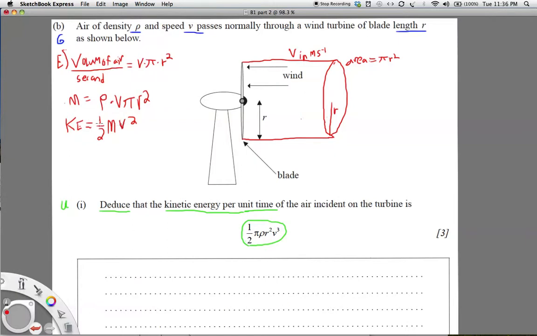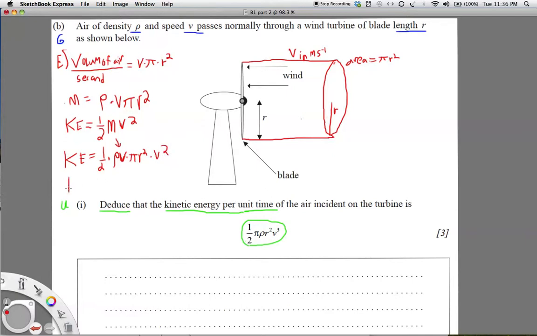So KE equals 1/2 times rho v times pi r squared, this is m, times v squared.